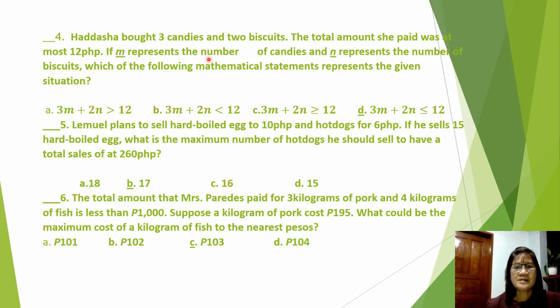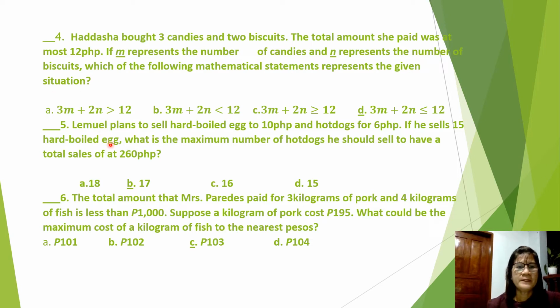If M represents the number of candies and N represents the number of biscuits, which of the following mathematical statements represents the given situation? The answer is letter D. 3m plus 2n is less than or equal to 12 because of the word at most.